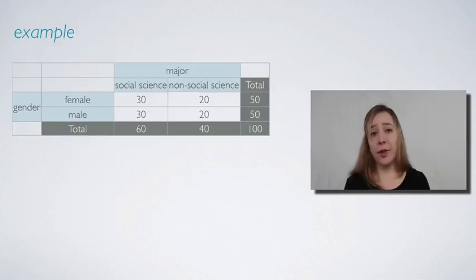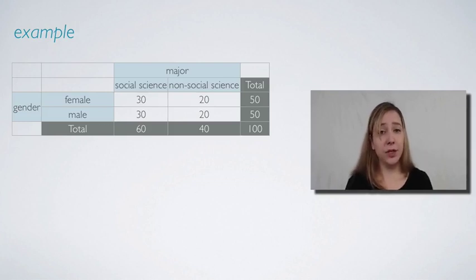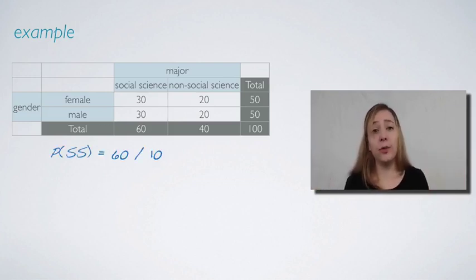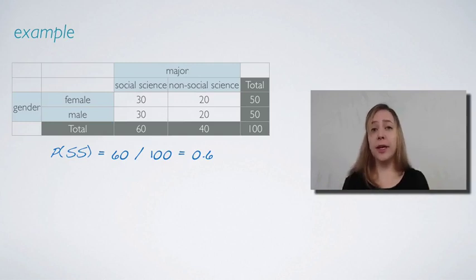Consider the following hypothetical distribution of gender and major of students in an introductory class. We have 100 students in this class, 60 of them are social science majors, and 40 of them are not. So if I wanted to find the overall probability of social science majors in this class, that would be 60 out of 100. So the probability that a randomly selected student is a social science major is 0.6.